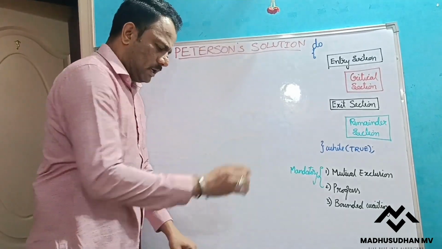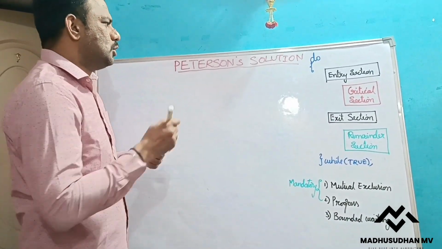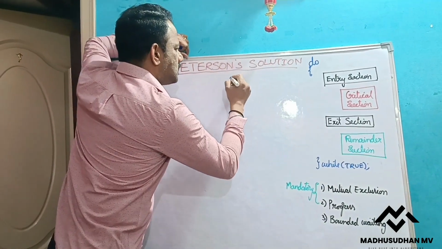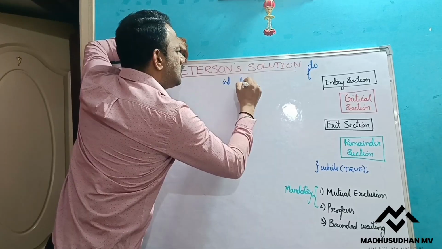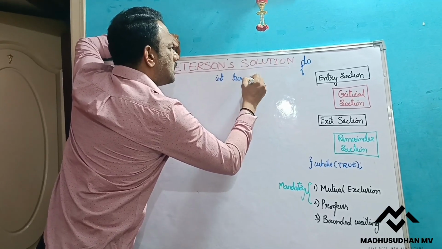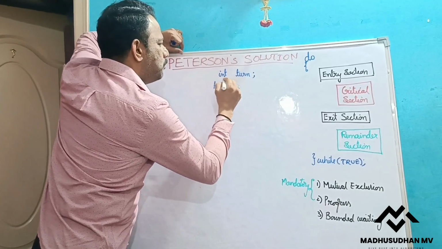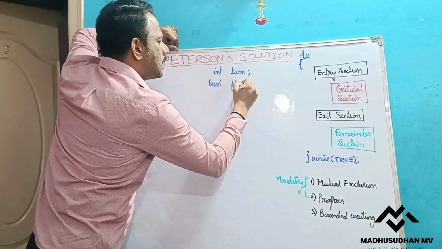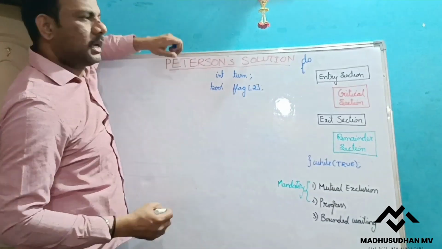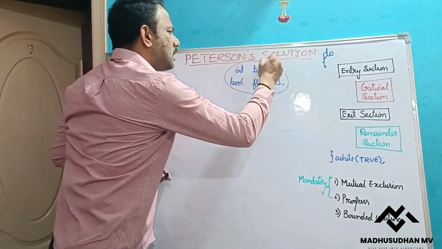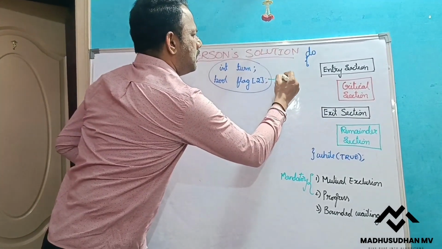Now, this method uses two variables, and those two are shared variables. One is an integer variable we'll call turn, int turn. Another one is a boolean array. The name of the array we are giving is flag, and this array size is just 2. These are shared variables.